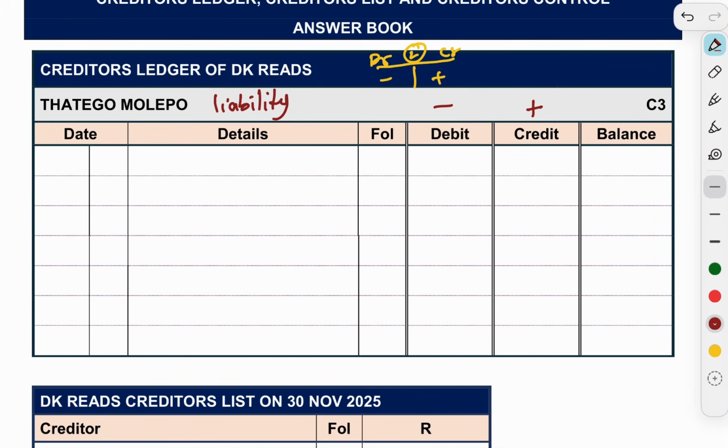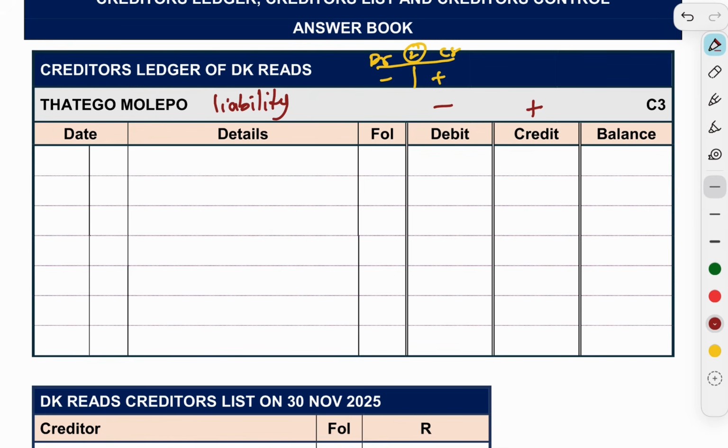This creditor's ledger, in a nutshell, involves individual accounting records of each and every creditor. So the creditor that we are doing the recording for in the creditor's ledger is Thategô Molepo. Okay, that means we need to look at every piece of information, every piece of record relating to Thategô Molepo.